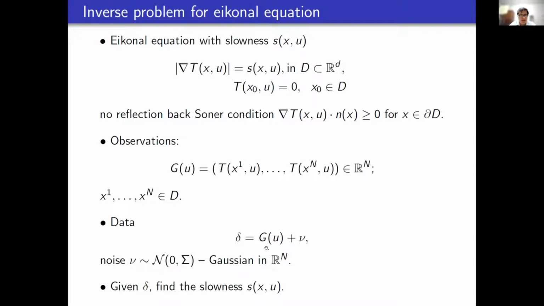So if G(u) here is known, then this delta follows the Gaussian distribution in R^n, with mean value G(u) and covariance sigma. That is why we can write down the density function of the conditional probability of delta when this u is known. So this is the density function.